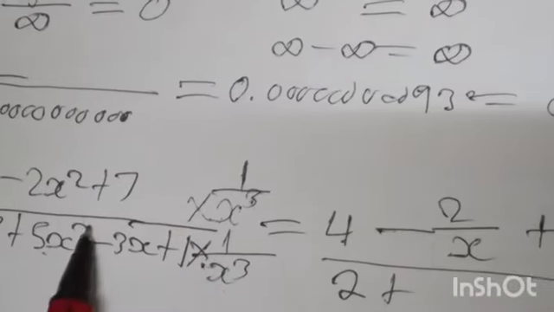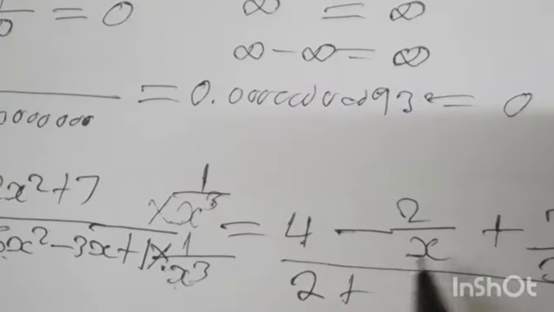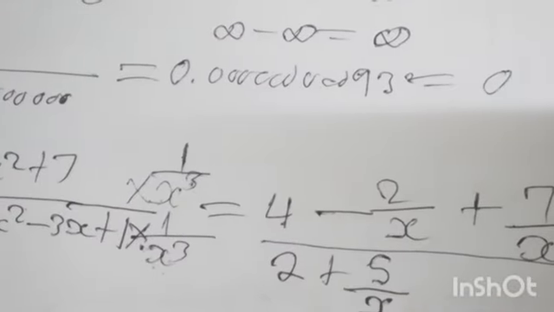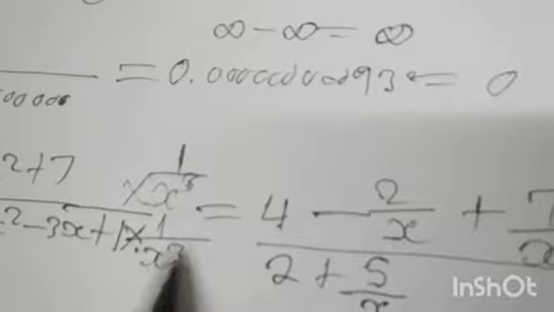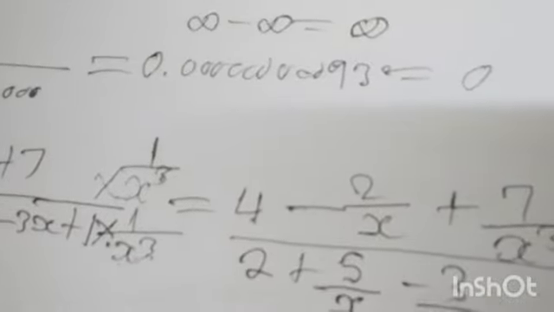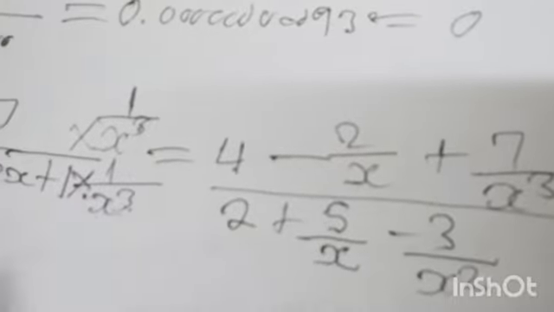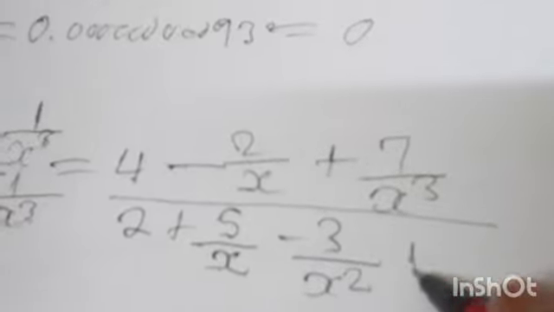Plus 5x squared times 1 over x to the power 3 gives 5 over x. Then negative 3x multiplied by 1 over x to the power 3: the x cancels, so you have negative 3 over x squared. Then 1 times this is just 1 over x to the power 3.